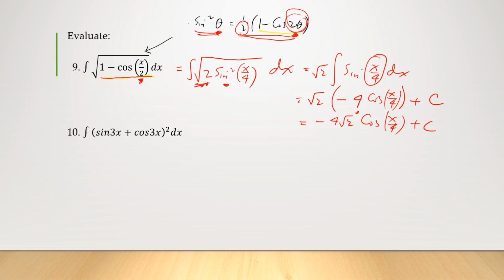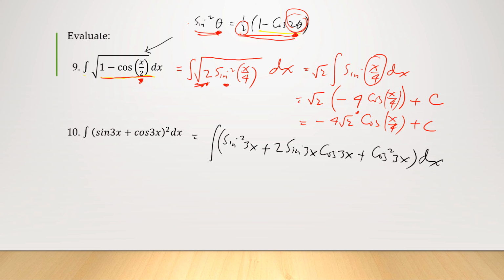And finally, the integral of sine 3x plus cosine 3x quantity squared dx. So we know what to do with this one. We expand to sine squared 3x plus 2 sine 3x cosine 3x plus cosine squared 3x quantity dx.